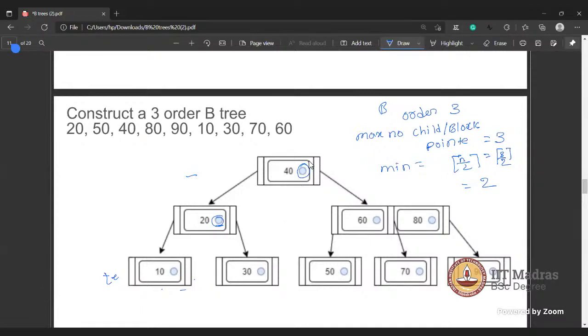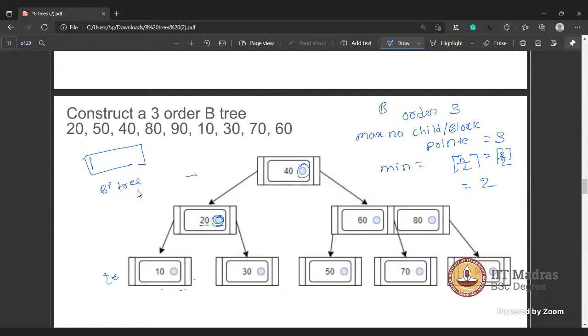Okay. So see, in B tree we have stored the record pointer also and the key value also in each block, right? Yes. But in B plus trees, the record pointer is stored only in leaf nodes. So each block size will be less in B plus tree.